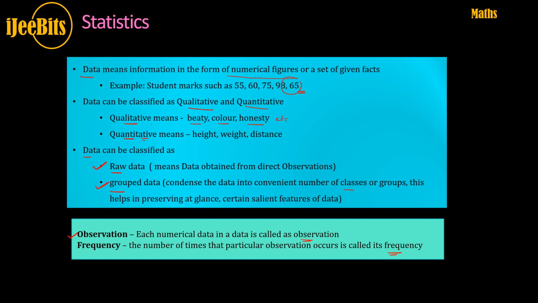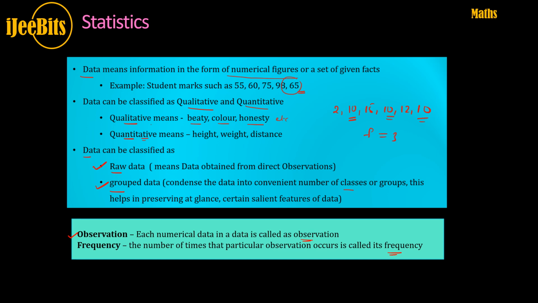Let's say you have data like 2, 10, 15, 10, 12, and 10. If I look at 10, my observation is 10. The number of instances of my observation in my data is 3. So the frequency is 3.